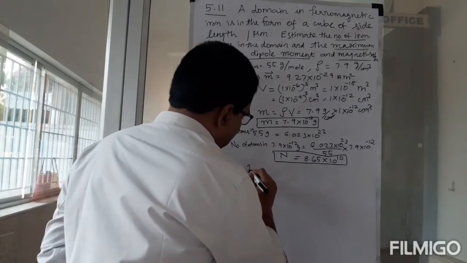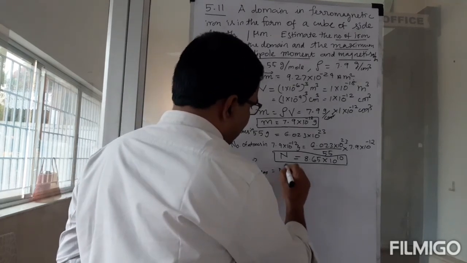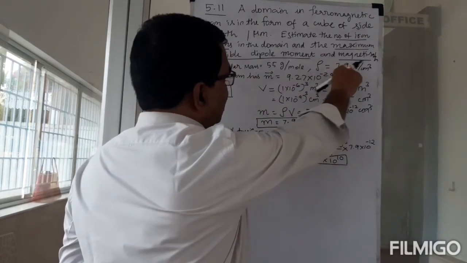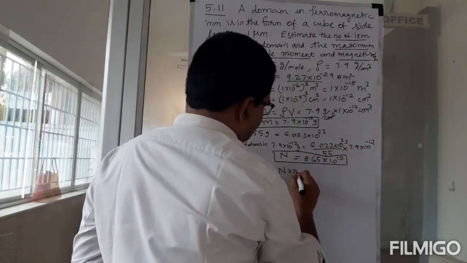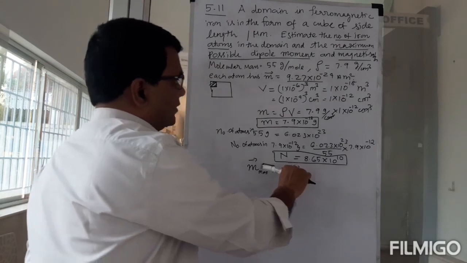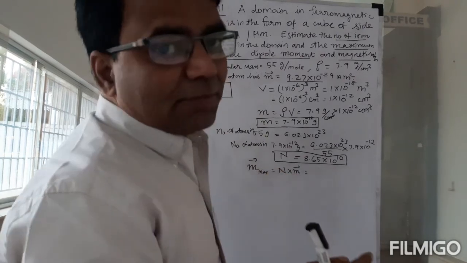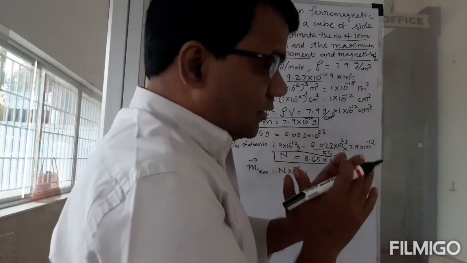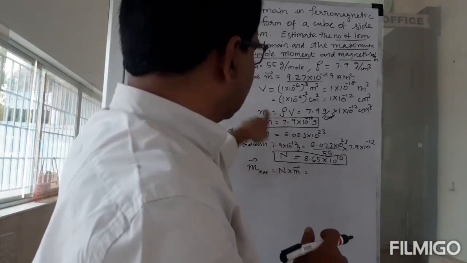So the maximum dipole moment, we call this M max, is equal to the number of atoms in the domain times the dipole moment for each atom, M. I am just putting a vector here to differentiate this M from the mass M. This is mass and this is dipole moment. I am not bothered about the vector per se, only about the magnitude.